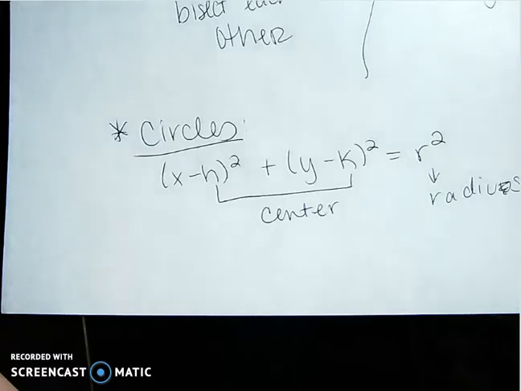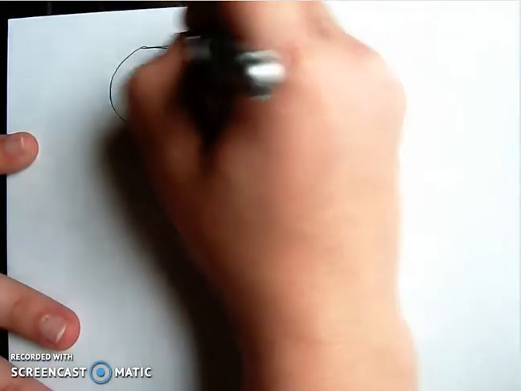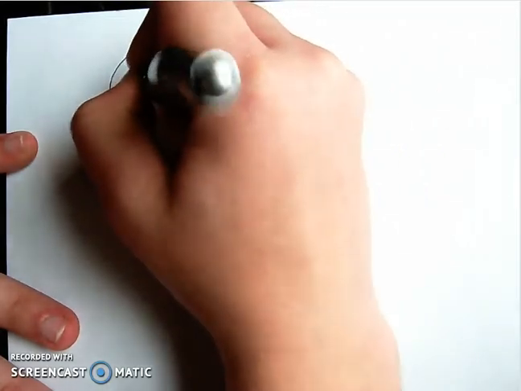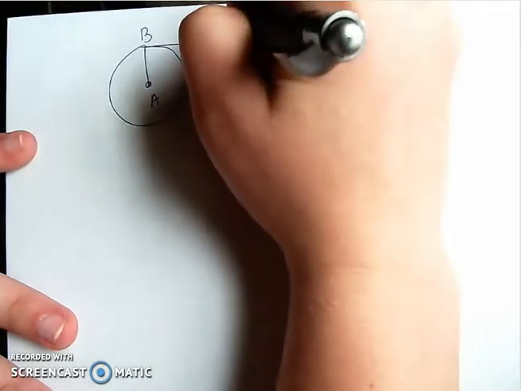Then there were some properties about circles that we talked about, and these are the ones that you must know for your state exam. They're specifically listed as standards. First off, if you have a circle and you have this little segment here, we'll say circle A, this is BC.